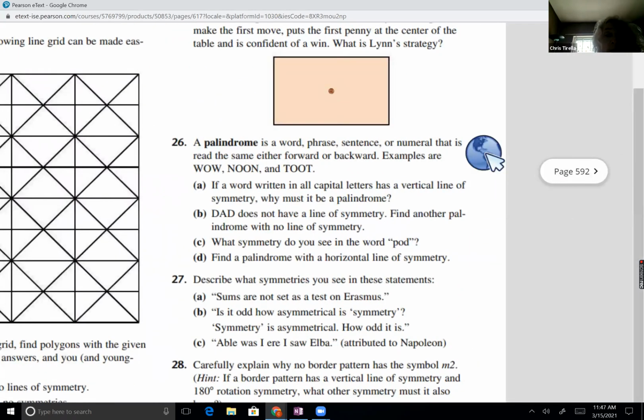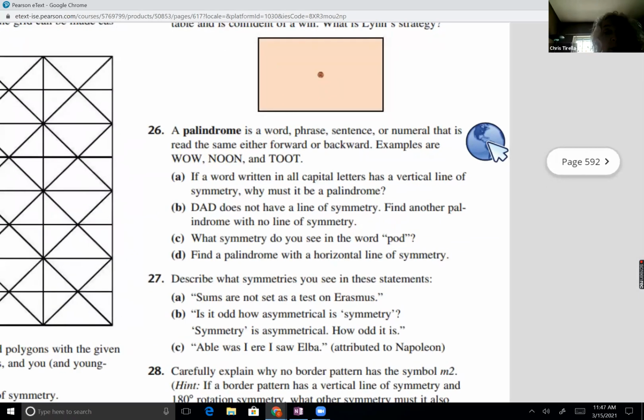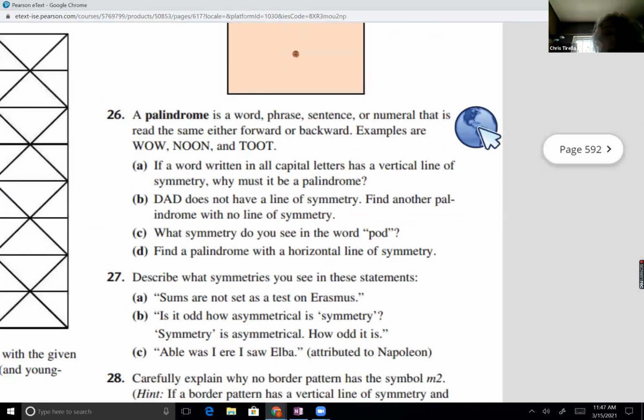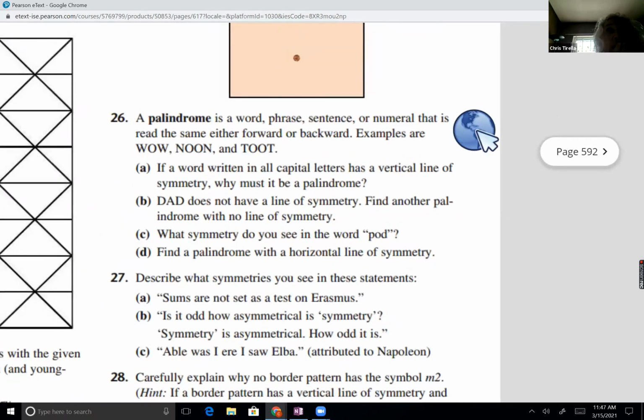And so if I look at a word written in all capital letters, if a word in all capital letters has a vertical line symmetry, well, if I look at the example over here, doesn't that word wow have vertical line symmetry? Let's try that again if I drew that line in the right place.